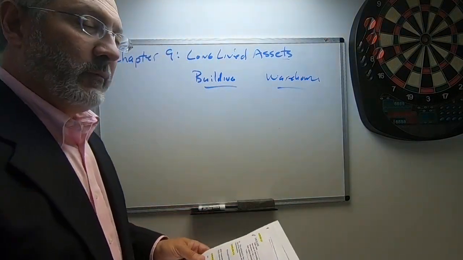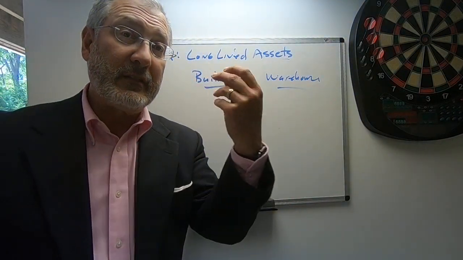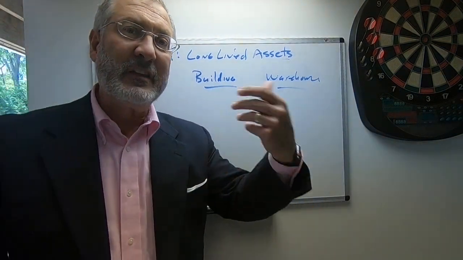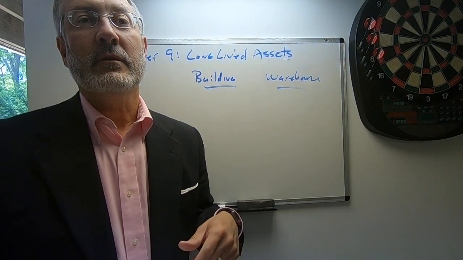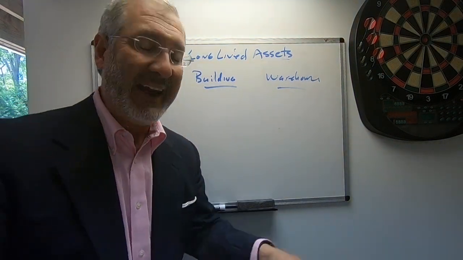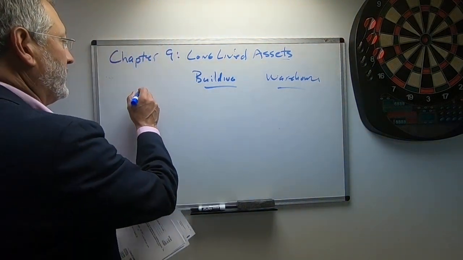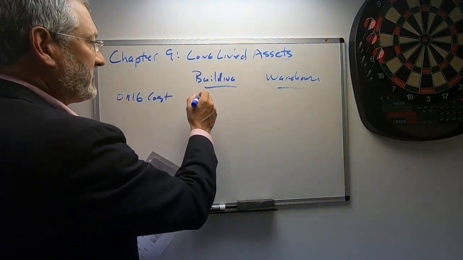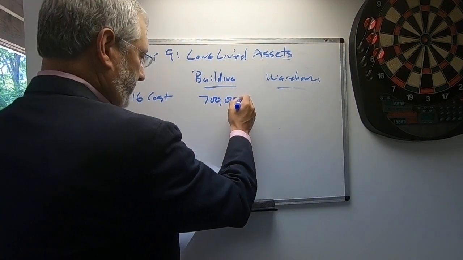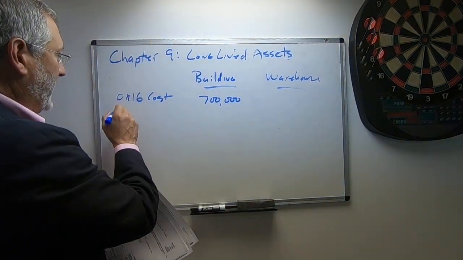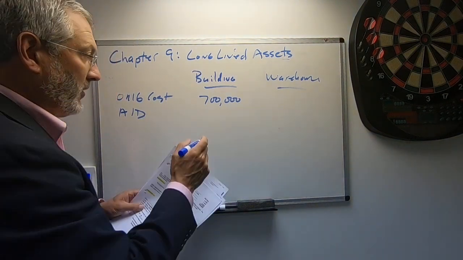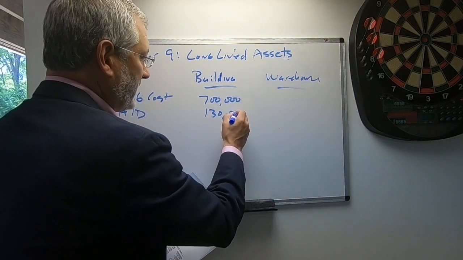So remember, we need to calculate the book value and then subtract the new salvage value, divided by the remaining number of years. So the original cost of the building was $700,000, and they have accumulated depreciation to date of $130,000.